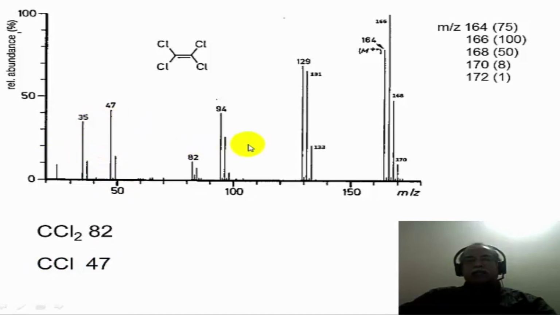So essentially the entire range of peaks seen in the mass spectrum of this compound can be clearly accounted for by the sequential loss of chlorines from this molecule, as well as the breaking of the carbon-carbon bond, resulting in the formation of CCl2 and CCl as fragments, which account for all the masses in this spectrum.